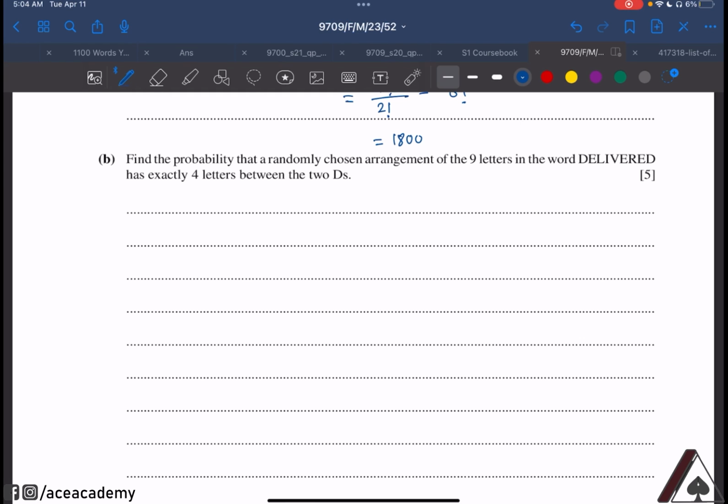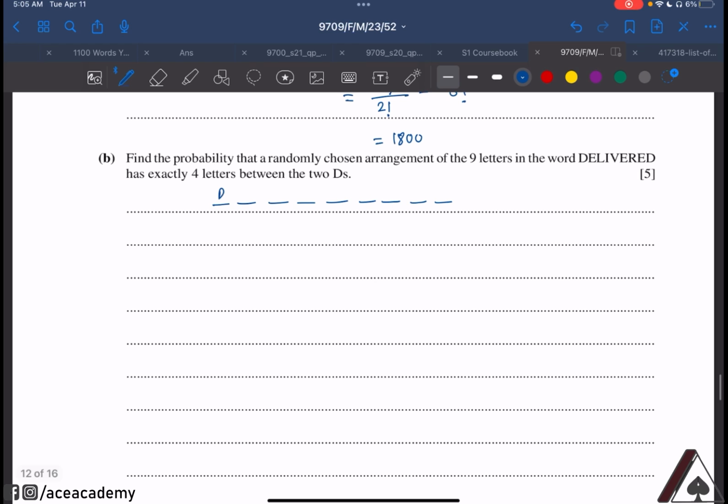Find the probability that a randomly chosen arrangement of the 9 letters in the word delivered has exactly 4 letters between the two D's. Okay, so 1, 2, 3, 4, 5, 6, 7, 8, 9. D, then 4 spaces in front of them, there will be another D. This is one arrangement.